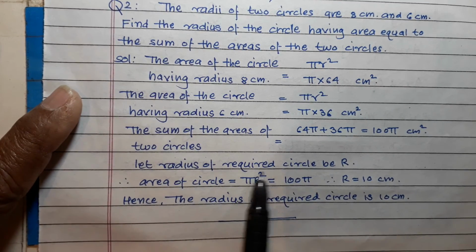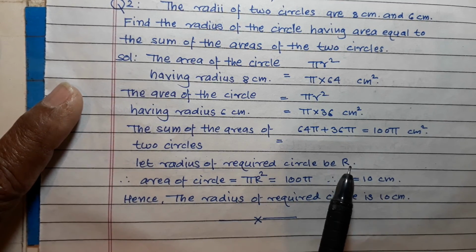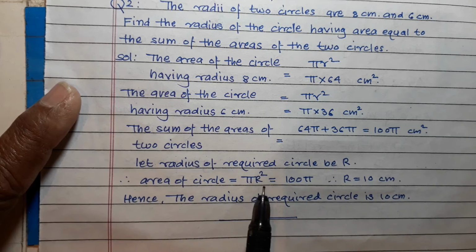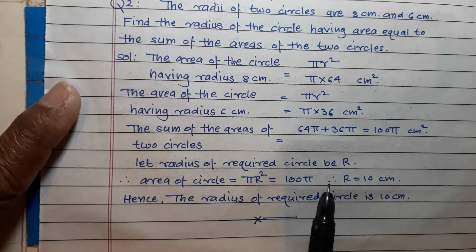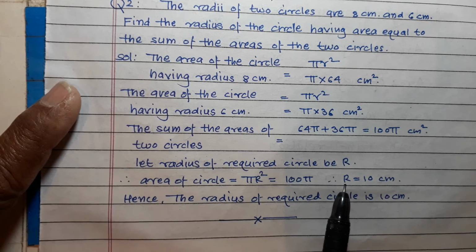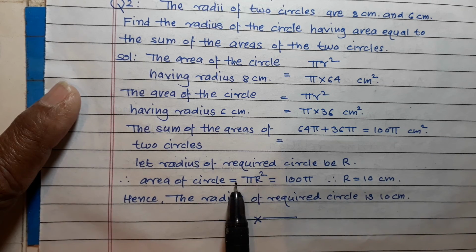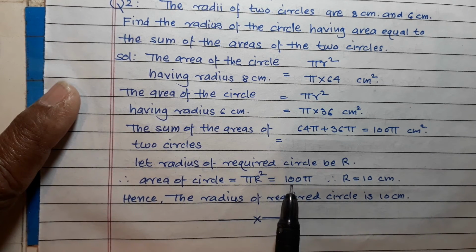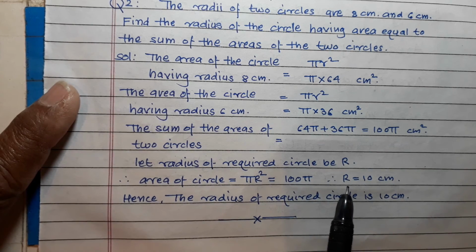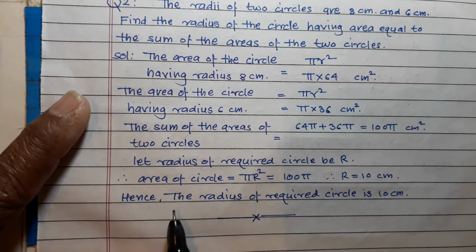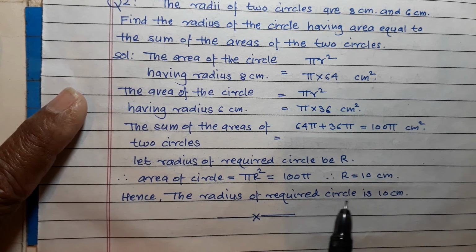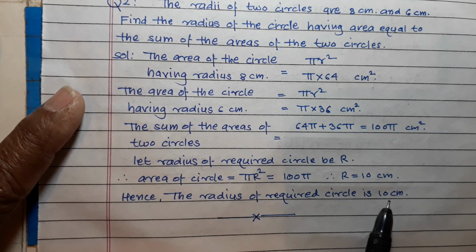Let radius of required circle be r, then area of circle is equal to pi r square is equal to 100 pi, and therefore this pi and this pi get cancelled, r square is equal to 100 and therefore r is equal to 10 centimeter. Hence the radius of required circle is 10 centimeter.